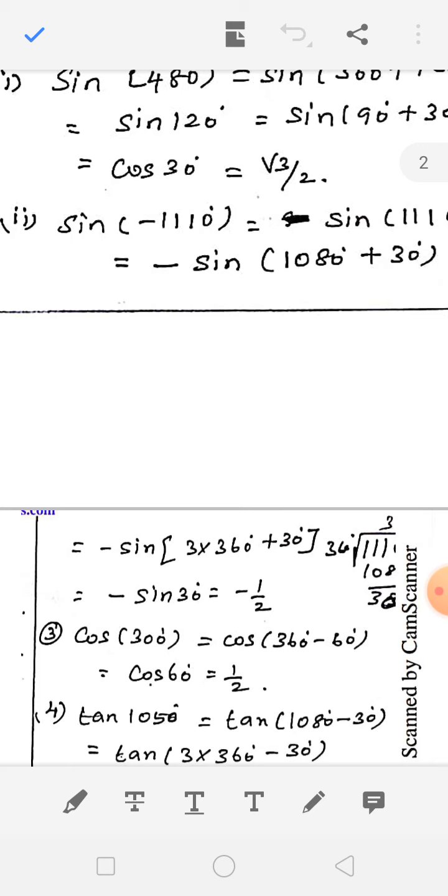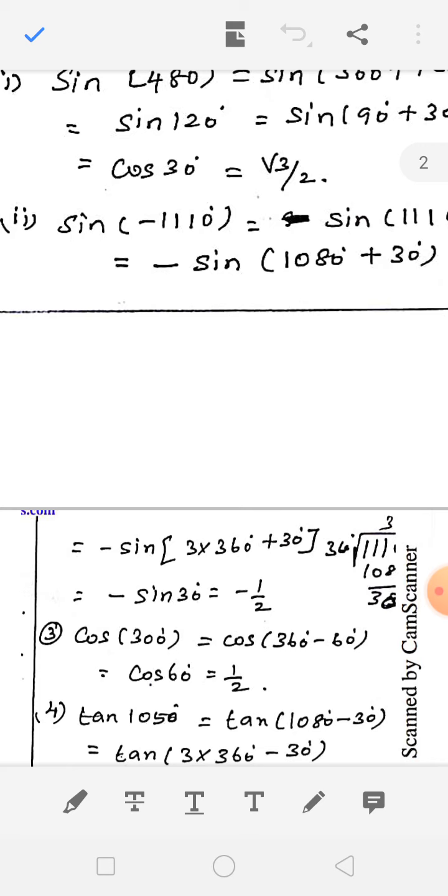So now keep the minus there. Sine of 360 plus theta. What is the answer? You should see the property again. Sine of 360 plus theta value is sine theta only.